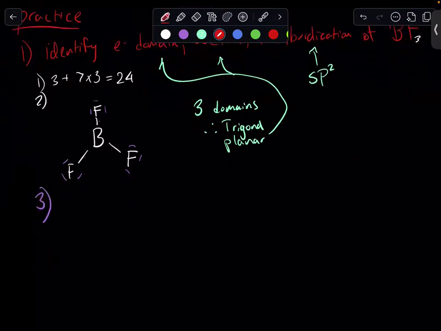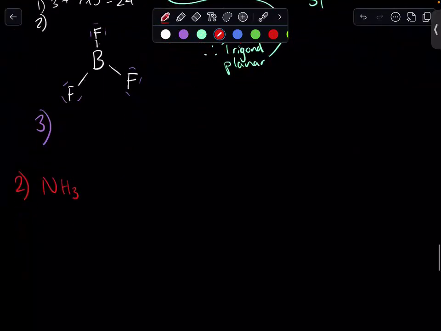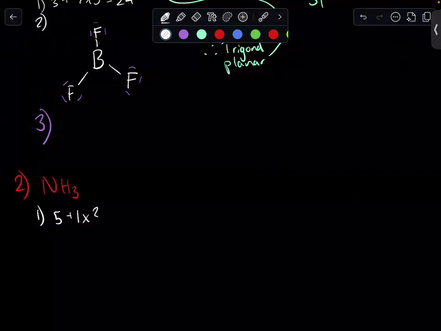We can do all the same for number 2. That's going to be, let's try ammonia, NH3. So step 1 for ammonia, you can always pause it, start it on your own. But step 1 is going to be 5 valence electrons from nitrogen plus 1 from each hydrogen times 3. That's going to be a total of 8 valence electrons.